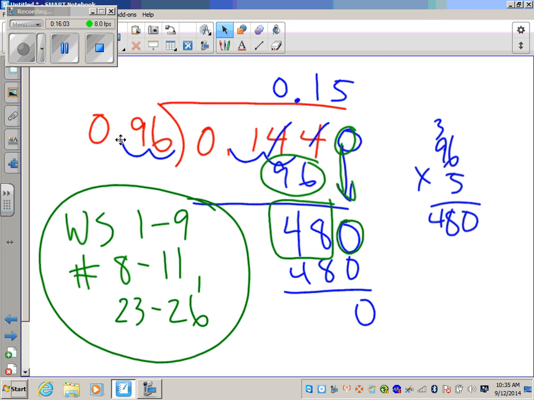So for now, we'll do numbers 8 through 11. And the common theme with 8, 9, 10, and 11 is that in each case, you're dividing by whole numbers. You will not need to move any decimals around. Where the decimal is, you're just going to put it straight up.